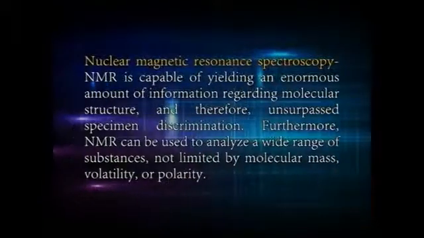Nuclear magnetic resonance spectroscopy. NMR is capable of yielding an enormous amount of information regarding molecular structure and therefore unsurpassed specimen discrimination. Furthermore, NMR can be used to analyze a wide range of substances not limited by molecular mass, volatility or polarity.